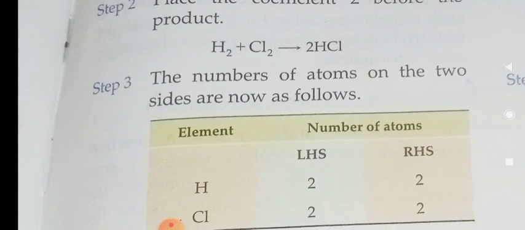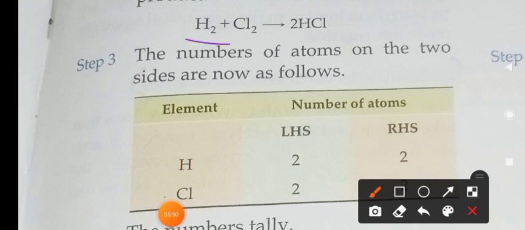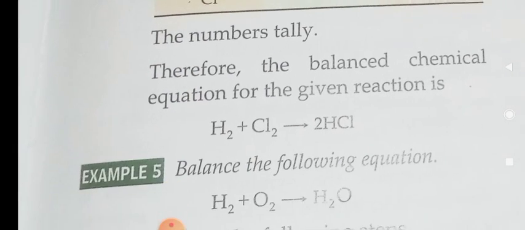Now count the number of atoms. 2 hydrogen on the left side and 2 hydrogen on the right side also. Coefficient means 2 into hydrogen, 2 into chlorine; you multiply each atom. So both sides have 2 hydrogen and 2 chlorine. So the equation is a balanced one. Is it clear, children? Hope you have understood.